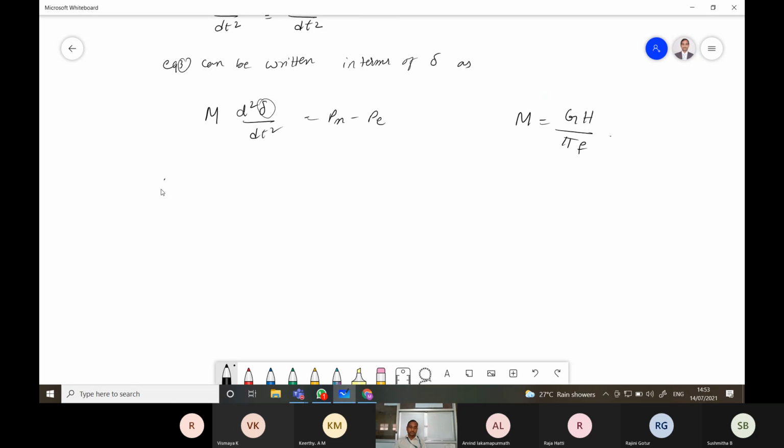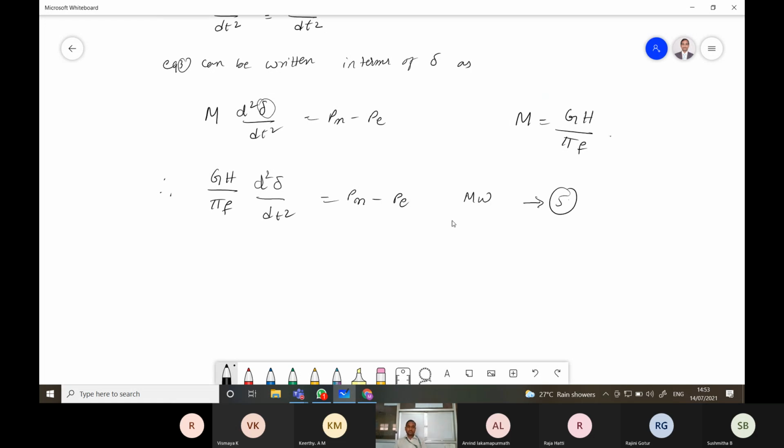So in the place of M, we substitute GH by pi f, and GH by pi f into d square delta by dt square is equal to Pm minus Pe in terms of megawatt. That is equation number 5.